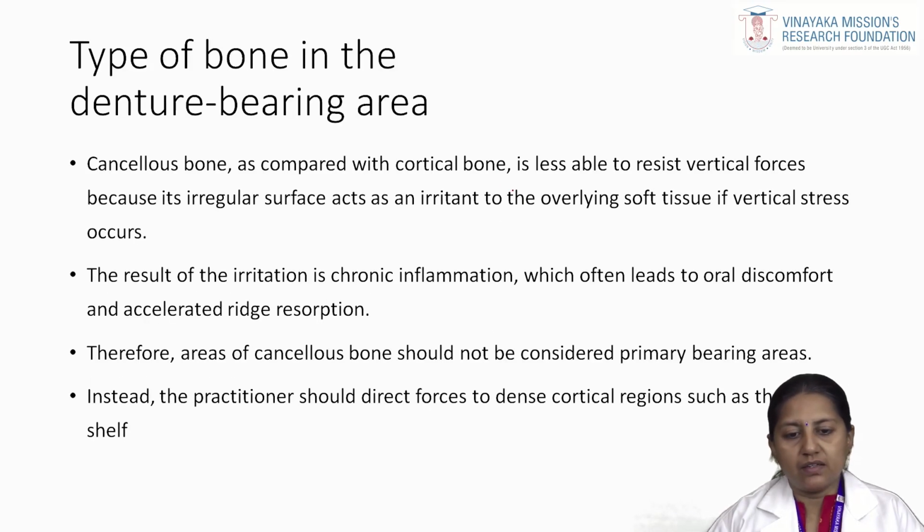The next factor is the type of bone in the denture bearing area. We all know we have two types of bone, cortical and cancellous bone. Cancellous bone, as compared with the cortical bone, is less able to resist vertical forces because its irregular surface acts as an irritant to the overlying soft tissue if vertical stress occurs. So, what happens as the result of irritation?